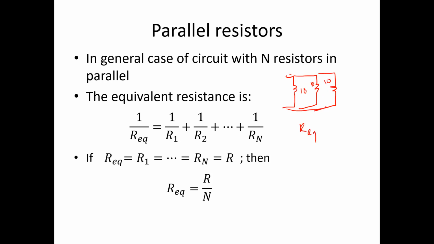The R equivalent is actually R over the number of parallel branches. So R is 10, so this is 10 over 3, and your R equivalent is 3.33 ohm. This applies only when you have resistors with the same value connected in parallel. You just divide it by the number of parallel branches.